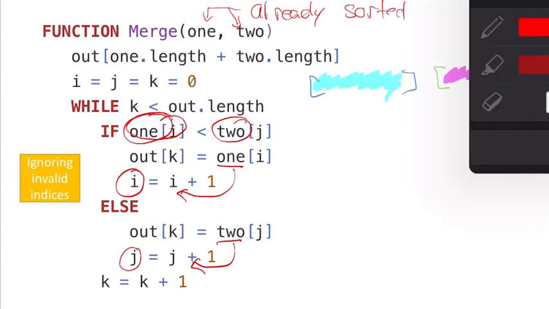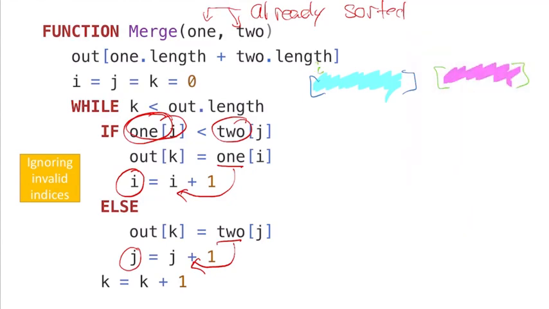What we'd end up with is we'd say, okay, well, i starts here at the first element and j starts here in the second array. i starts at the first element in 1, and j starts at the first element in 2. Well, what happens when we continually add things from that side? Well, i will go past the end of the array, so all I'm saying here is that we don't have any special handling for what happens if you've looked at all elements in one array and then started adding from the second array.